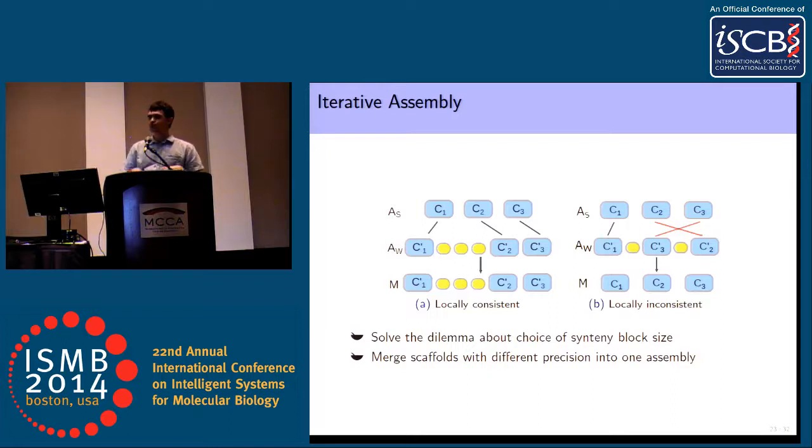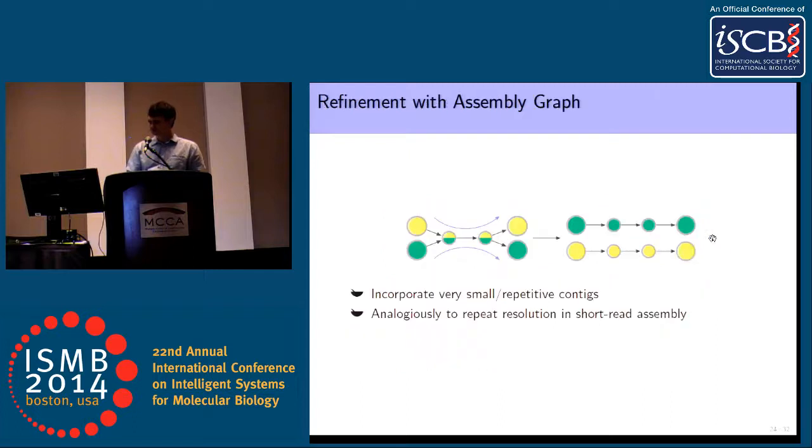What we do is we do multiple assemblies with different sizes of Synteny blocks, and then we merge them. The idea of merging is that we start from big contigs, like a skeleton, and then we fill it with small contigs. And the idea is that the order of these contigs should be consistent. If the order is not consistent, then we keep big contigs because we trust them more. And this procedure makes it possible to make a reliable assembly, but incorporate as many contigs as we can.